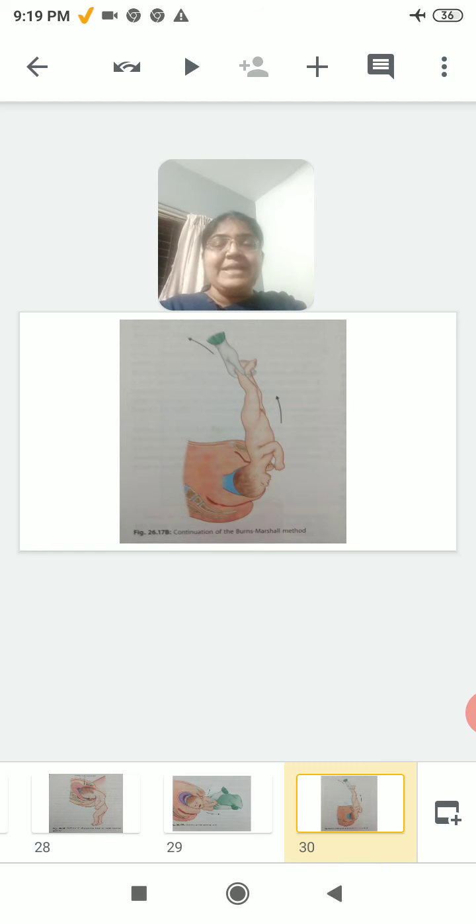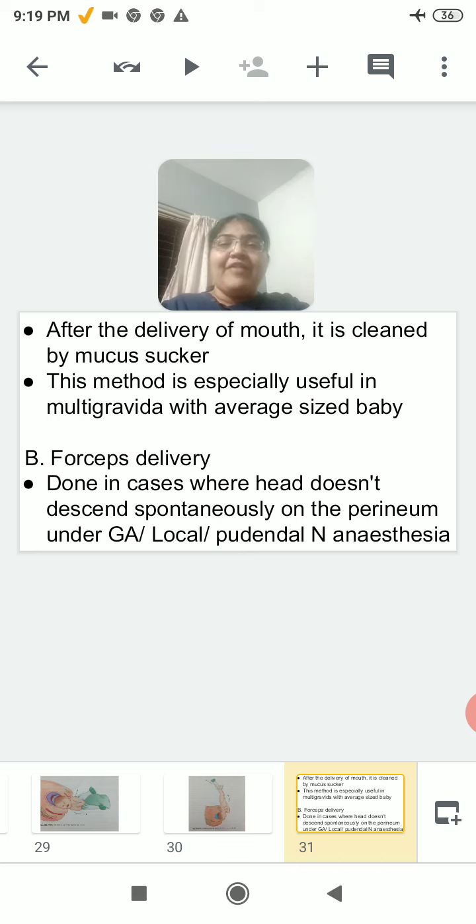You can compare this diagram with the content which I have given you in the previous slides. So this will help you to understand in a better way. After delivery of the mouth, it is cleaned by a mucus sucker. This Burns and Marshall method is especially useful in multigravida with an average sized baby.